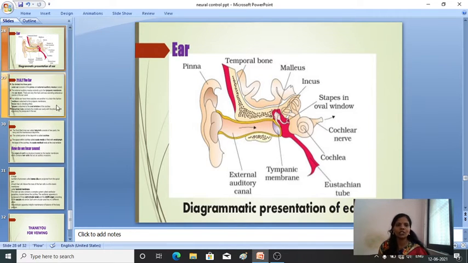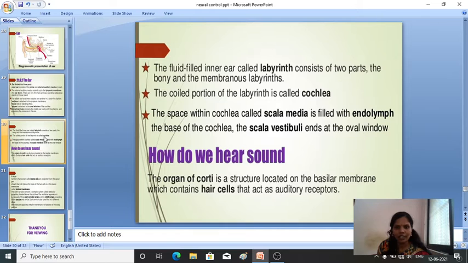The space within the cochlea is called the scala media, and it is filled with endolymph.